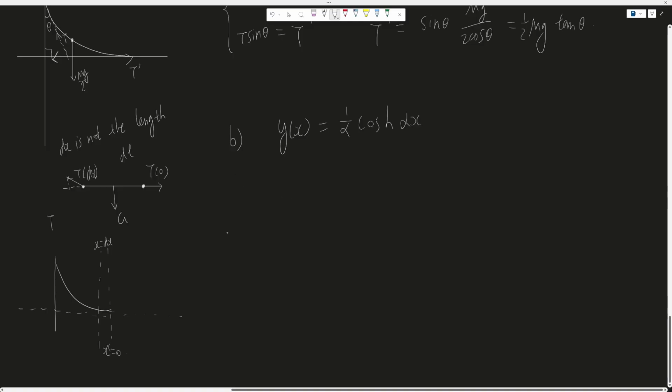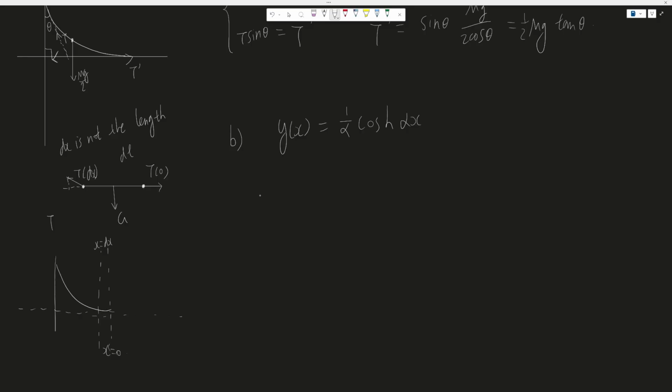Again, let's do a force analysis first. In terms of x components, we know that Tx(dx) needs to be equal to Tx(0), and Ty(dx) needs to be equal to Ty(0) plus the weight. So if we look at T(dx), if we zoom in, it's pointing upward left. So then it has an x component and a y component.